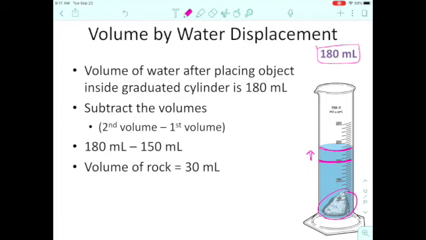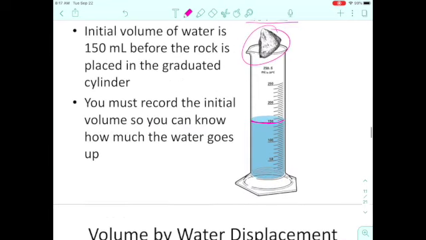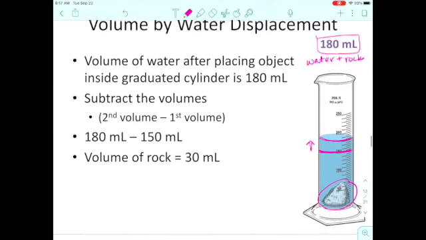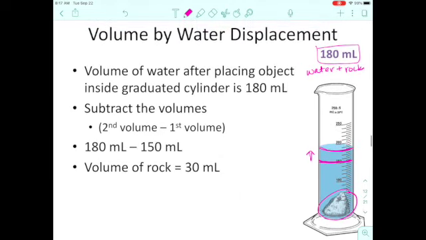Okay, so the volume of 180 milliliters is the water plus the rock. And if I go back a slide, I can see that the 150 is just the water. So there's 150 milliliters of water in here.